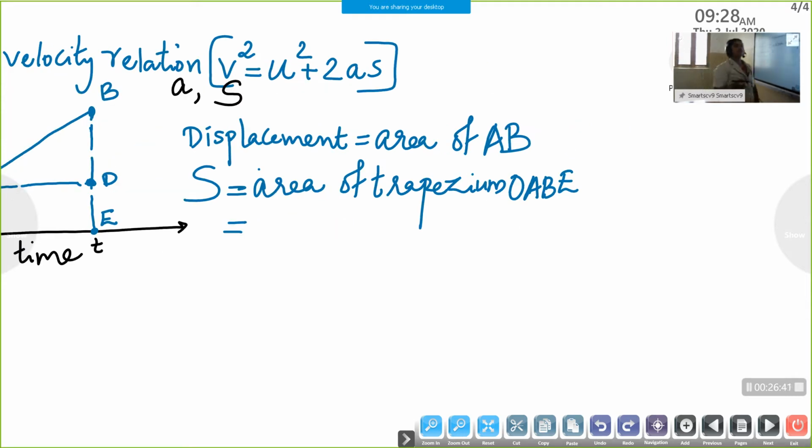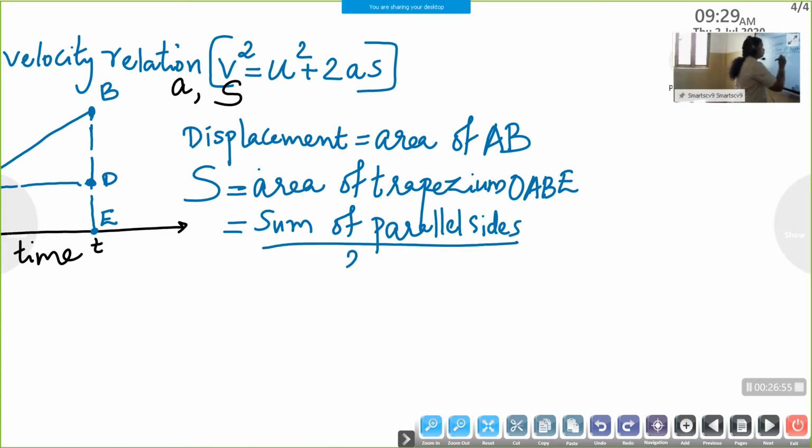You know the equation: sum of parallel sides divided by 2 into height. Two parallel sides are there, and the distance between those two parallel sides is taken as the height of the trapezium.